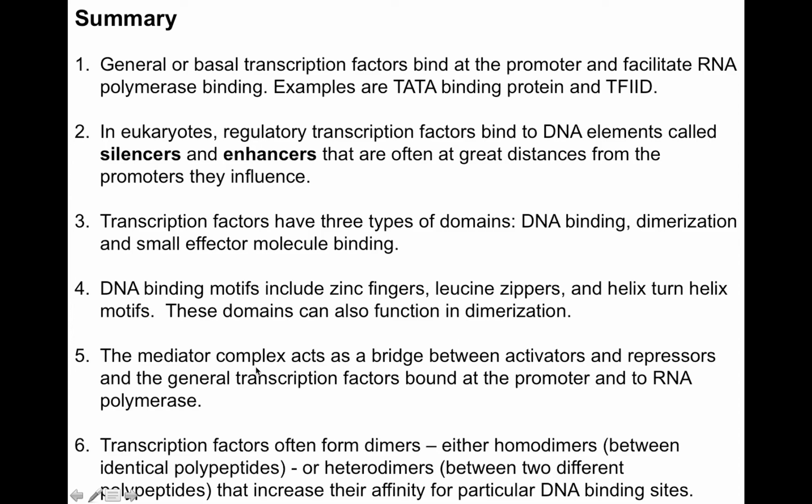The mediator complex acts as a bridge between the activators and repressors bound at silencers and enhancers, and the general transcription factors such as TFIID and TATA binding protein that are bound at the promoter and to RNA polymerase itself.